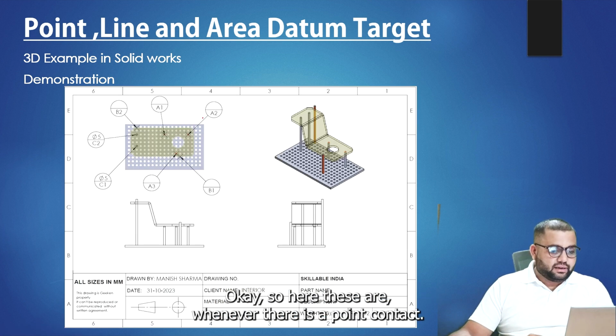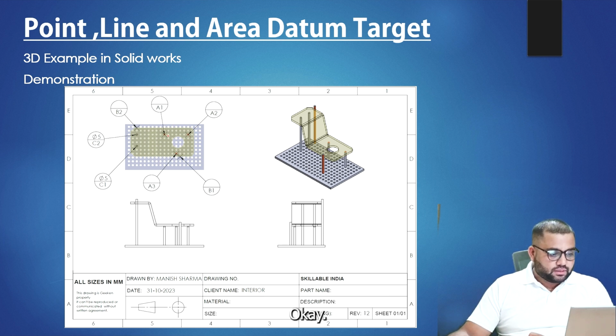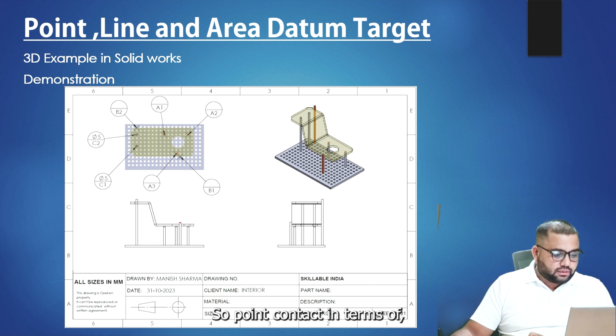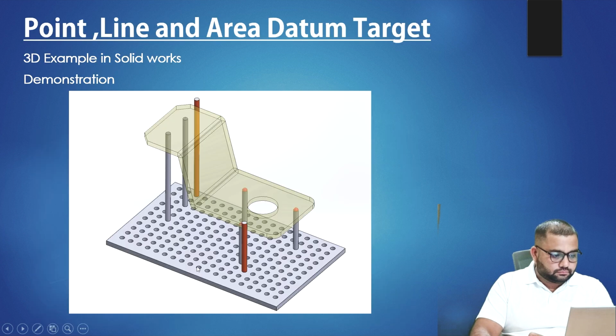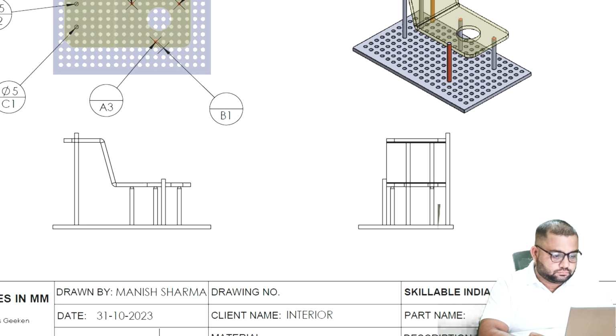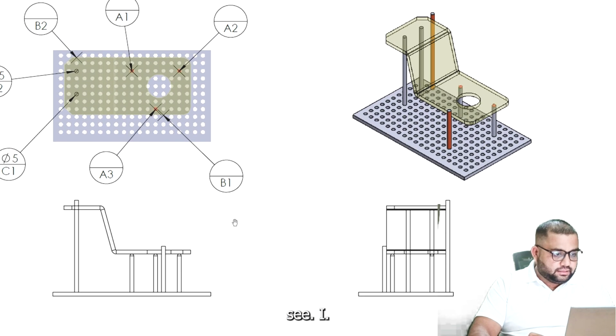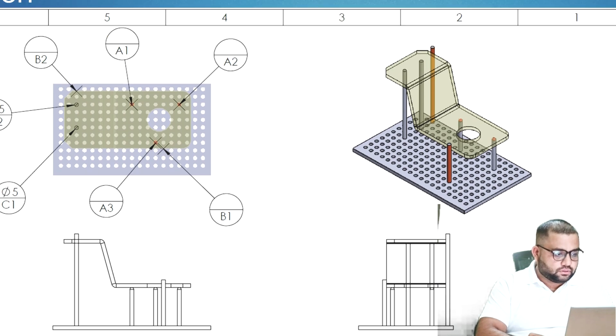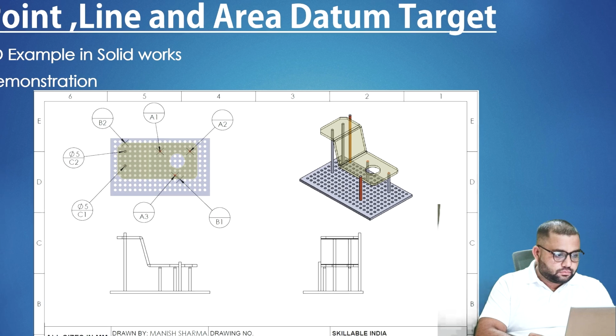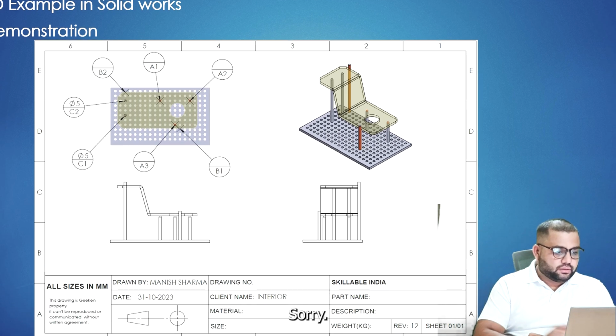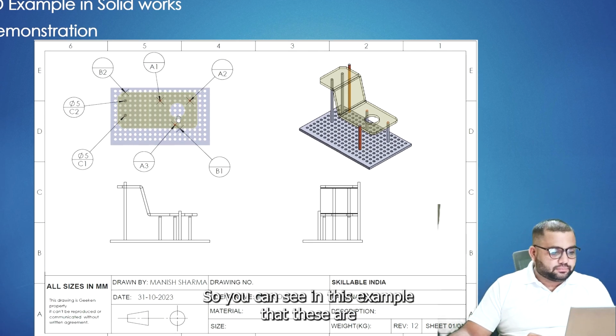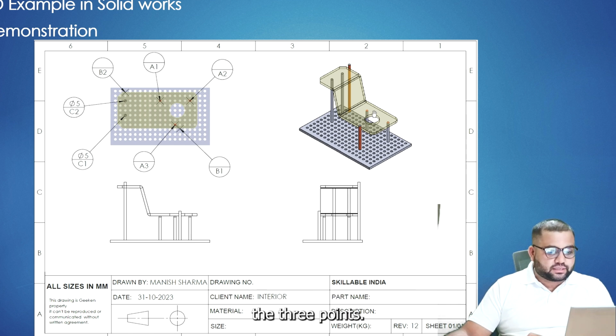Whenever there is a point contact, I will make one line over here. You can see in this example that these are the 3 points.